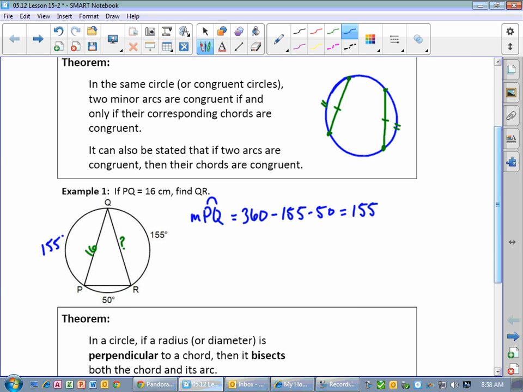Now, according to this theorem, if we have congruent arcs, then we must have congruent chords. I'm sorry, congruent chords, not congruent segments.